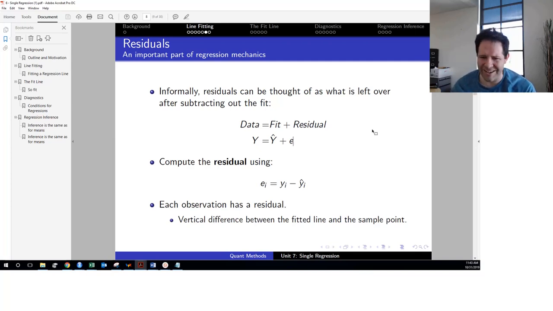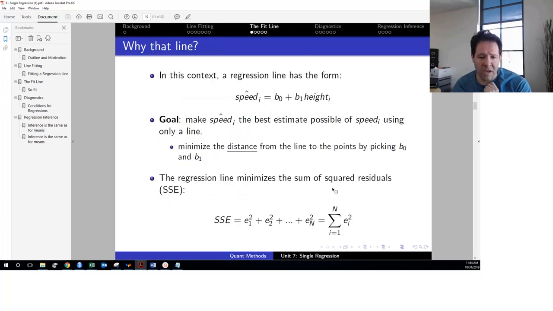For any candidate line that we put on that plot, we can compute residuals for each of the observations. It's the vertical distance between the fitted line and the sample point. And our goal in regression is to make those as small as possible.